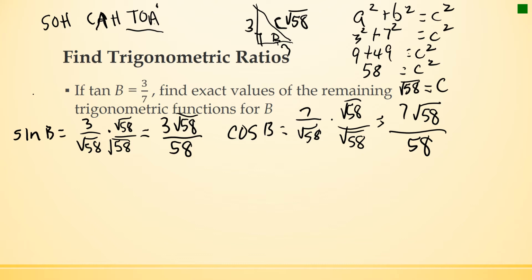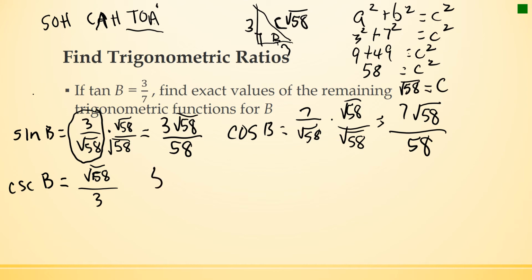Now let's see the cosecant. The cosecant of angle B is the reciprocal of the sine. And the one I want to use is what I originally came up with, because when I flip this over, I'm not going to have a square root in the denominator. So then the cosecant is just simply the square root of 58 over 3.